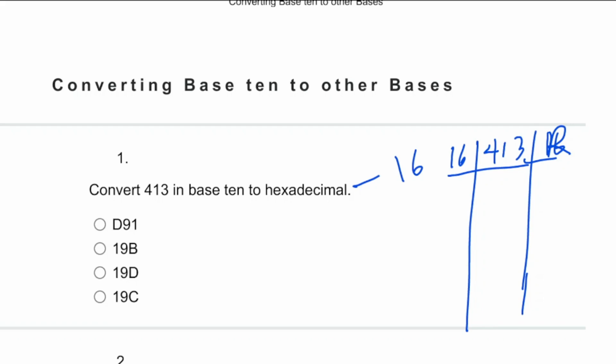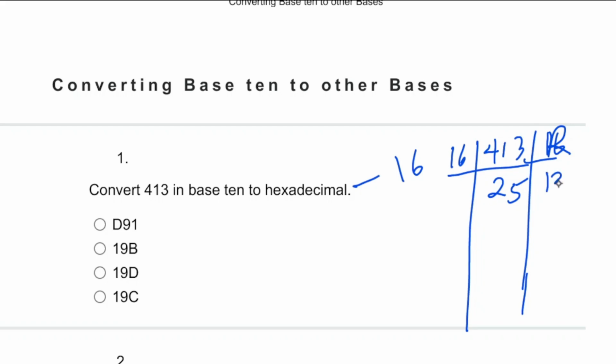What did you get? You will get 25.8125. So what you are going to write down is 25. You write 25 here. Now 16 times 25 gives you 400. 413 minus 400 will remain 13.